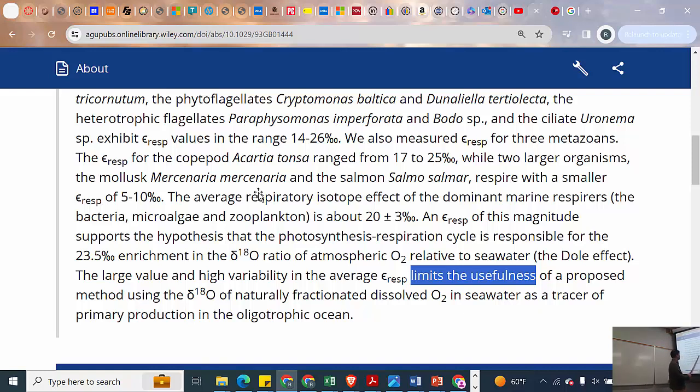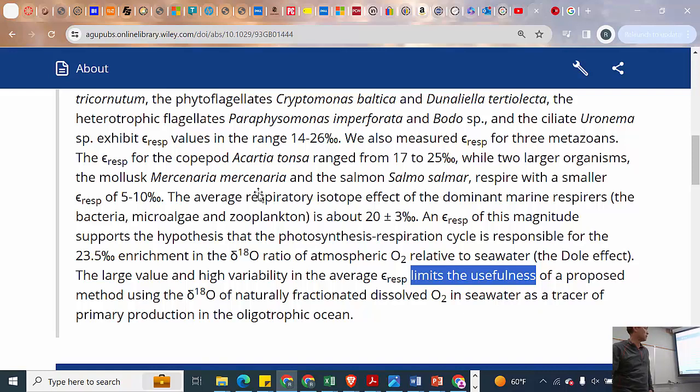And so they tried this. They tried to support a hypothesis, you know. But what happened is they had a high variability that limited the usefulness of this. But still, geologists use this, and other scientists use this. It's easy to tell the difference between ozone in the ozone layer versus ozone from pollution on the surface of the Earth.